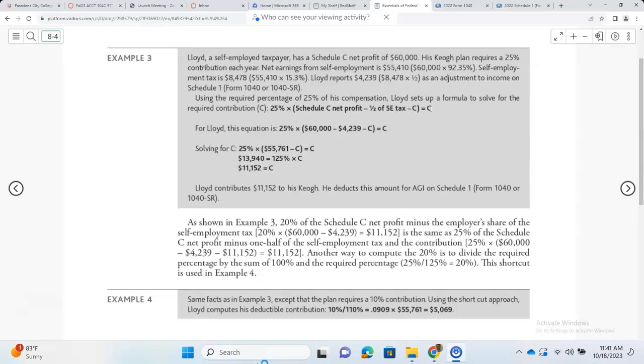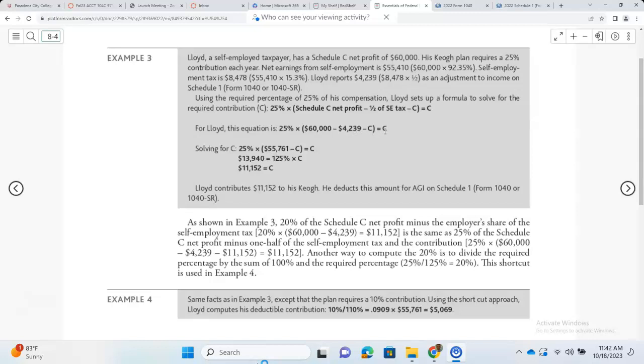In this example, it's 25% times 60,000 minus half of the Social Security tax and Medicare tax, which is half of FICA, minus contribution to Q plan for retirement, equals C, which is the Q plan contribution.